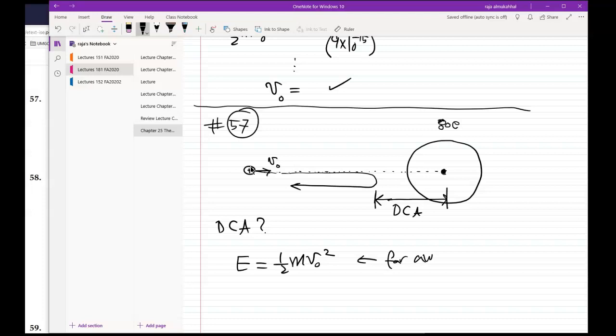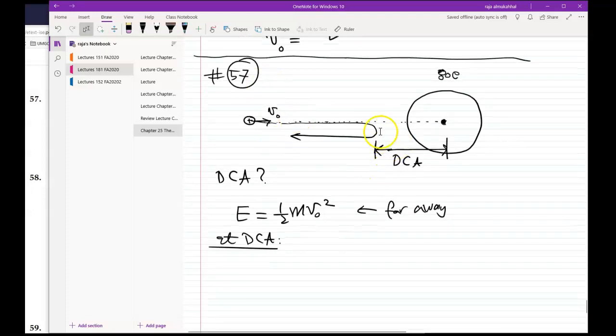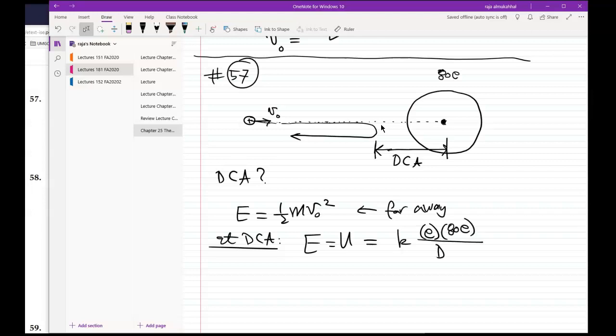Now at the DCA, is the proton moving? It just stopped before it rebounded, right? So the total energy here is nothing but U, and that's going to be k e times 80e divided by how far it is, which is the DCA. The DCA is measured from where the proton stopped all the way to the center of the mercury. Got it?